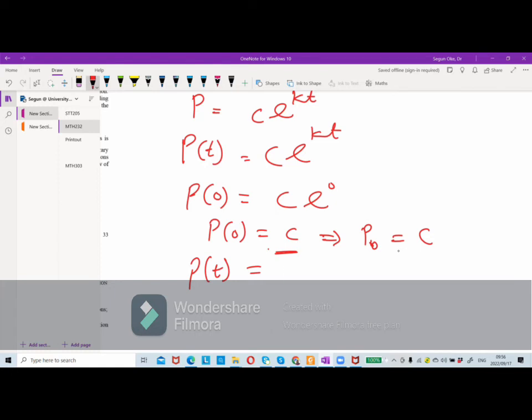Then since I know P naught is equal to C, I can substitute P naught anywhere I see C from this model. That is P of T equals P naught exponential KT. So that is for the population.